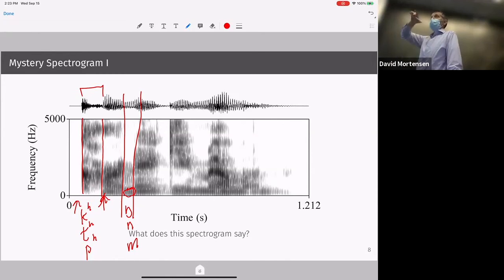For N, you expect F2 to be somewhat elevated. And for angma, you expect F2 and F3 to come together in the dreaded velar pinch. So you can tell based on the formants of the surrounding vowels to some extent what is involved, but it's tricky.